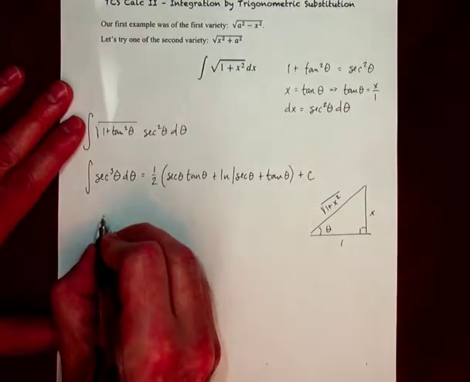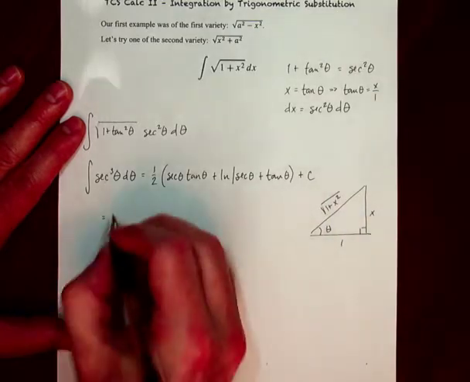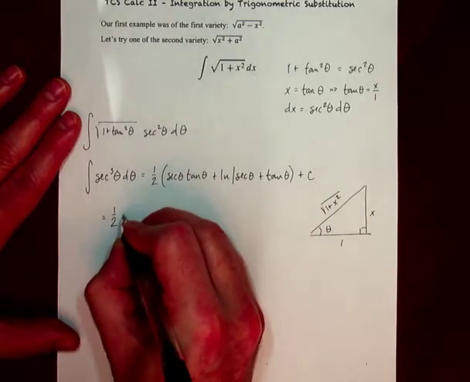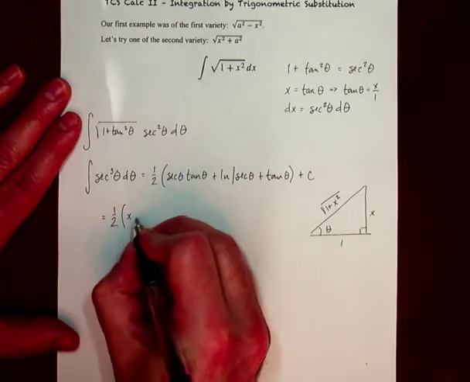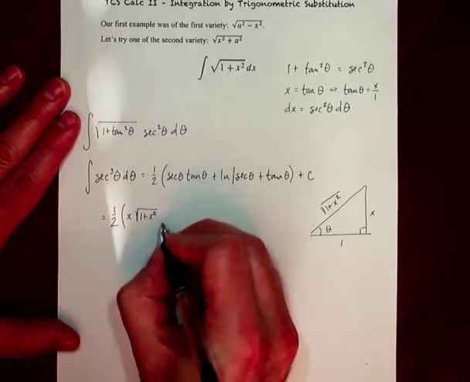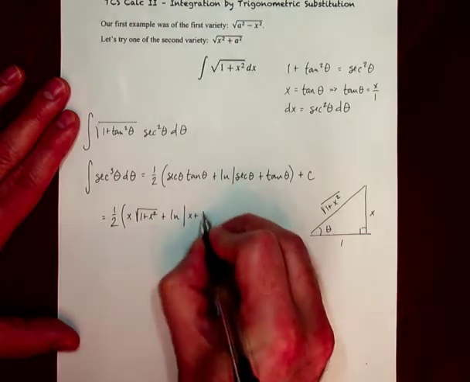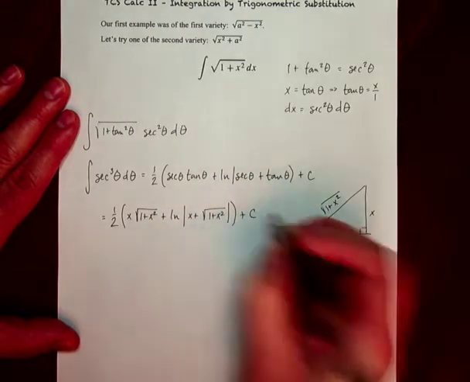And when I substitute in here, remember secant is hypotenuse over adjacent, so you're going to get 1/2, and let's do the tangent first, x, and then the secant, the square root of 1 plus x squared, plus the natural log of x plus the square root of 1 plus x squared, all of that plus c.